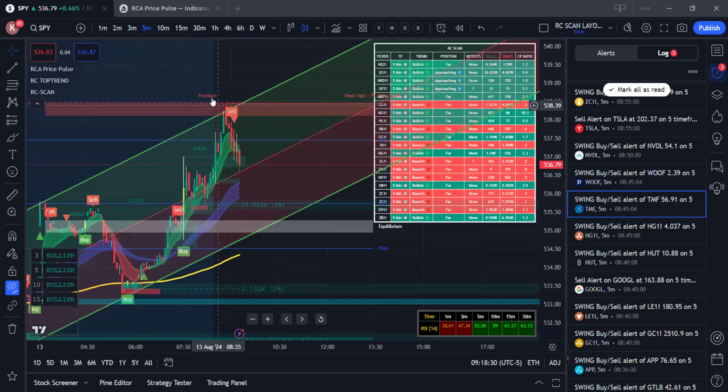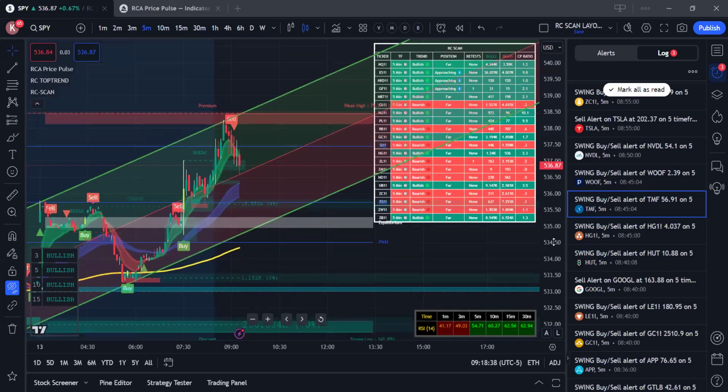It went all the way to the top, to the premium area. You're waiting for the buy signal.